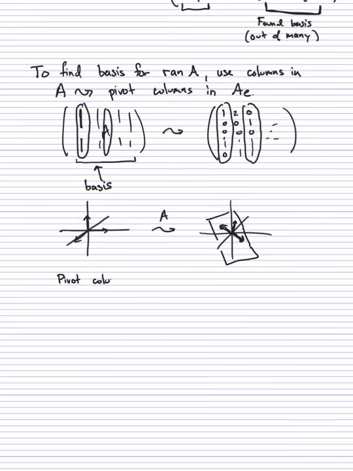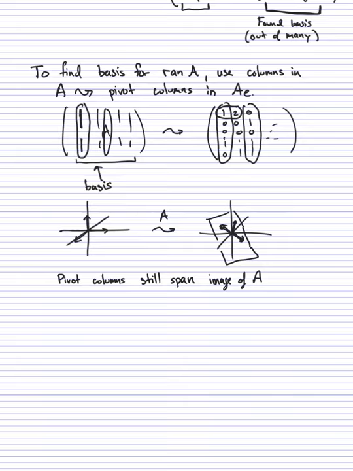the pivot columns still span the image of A. You can notice this here, for example: this second column is redundant, since I've already captured that vector in the first column.